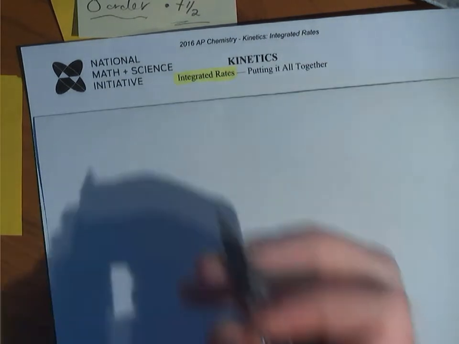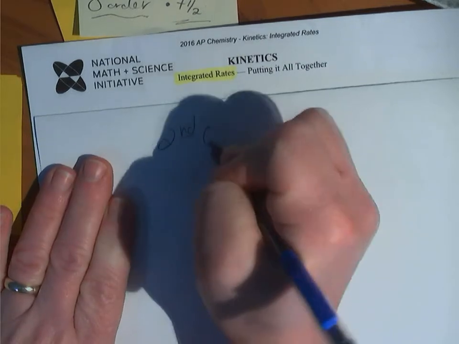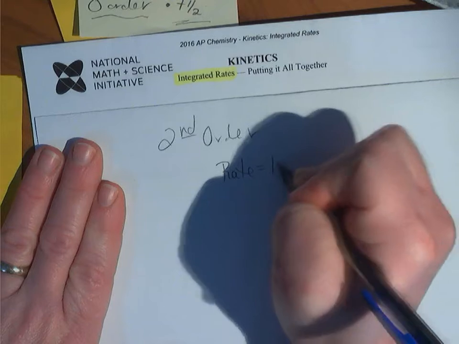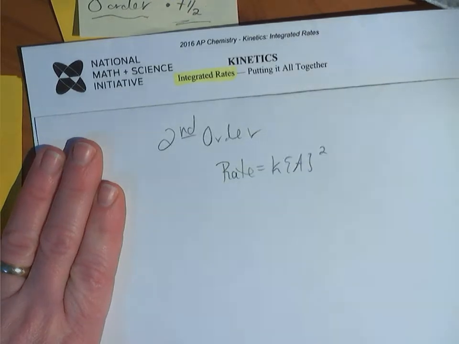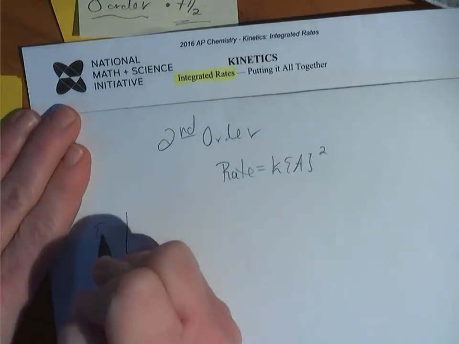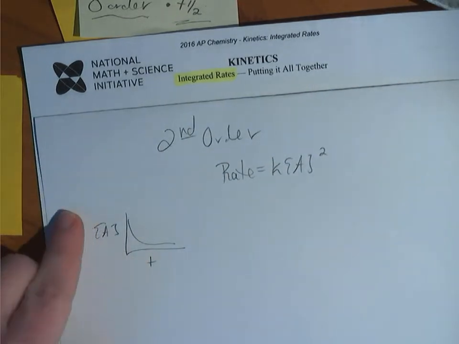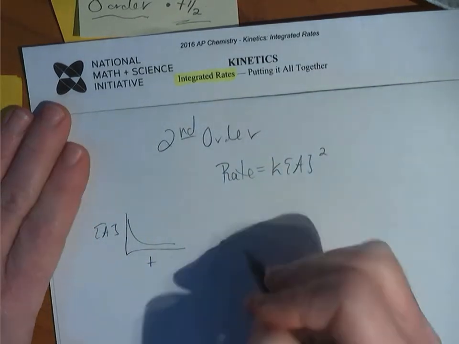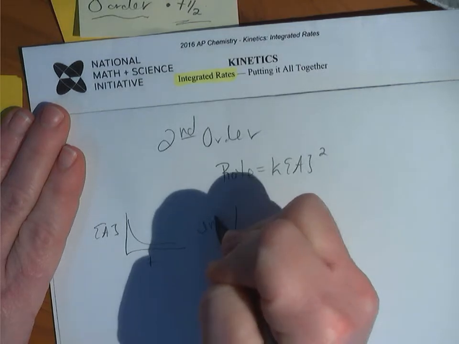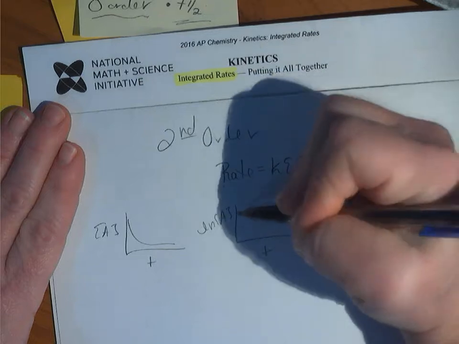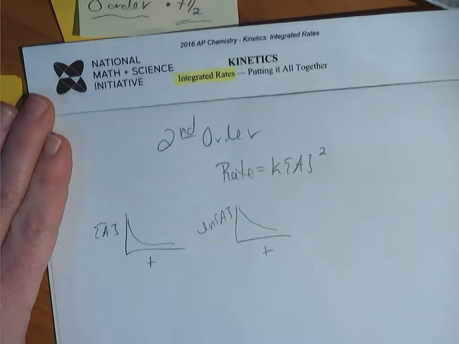Okay, if our reactant is second order, well, then it will be a curve, just like first order would be if we do concentration versus time. If we would do natural log of A versus time, and it's second order, then we're also going to get a curve.